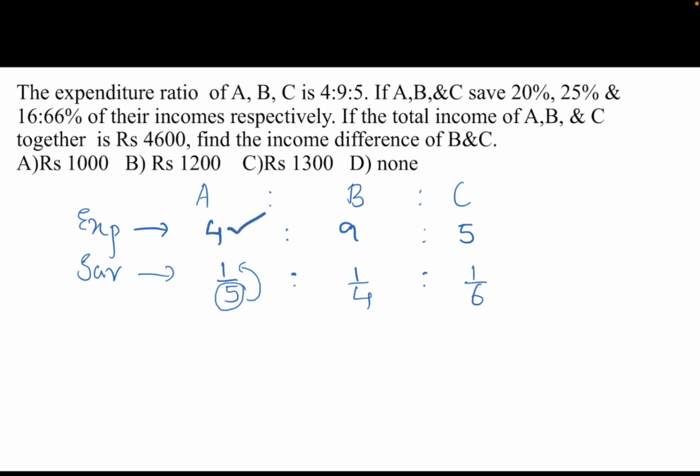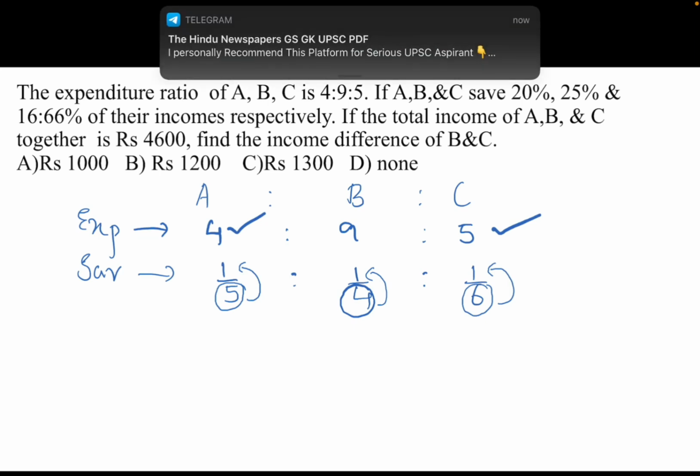Now see here, if 6 parts is the income of C and if he saves 1 part, then 6 minus 1 is 5, so 5 parts is his expenditure, this is also correct. Now see here, if 4 parts is the income of B and if he saves 1, then 4 minus 1 is 3. So 3 parts should have been the expenditure of B, but it is not 3.